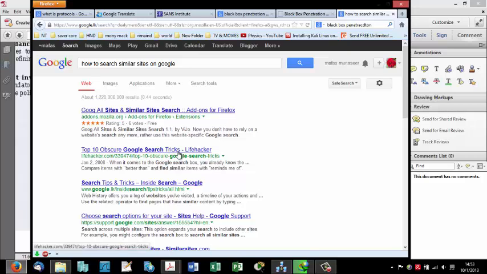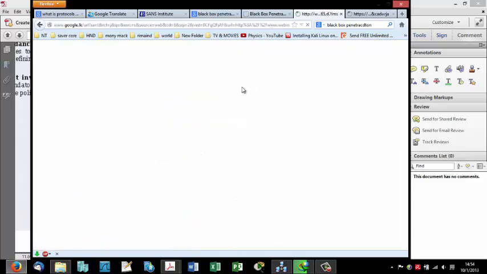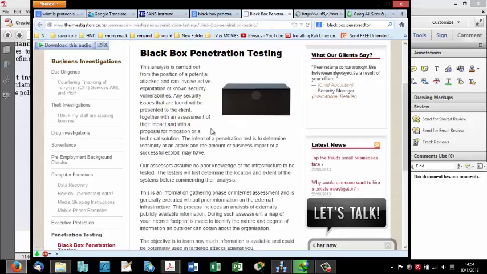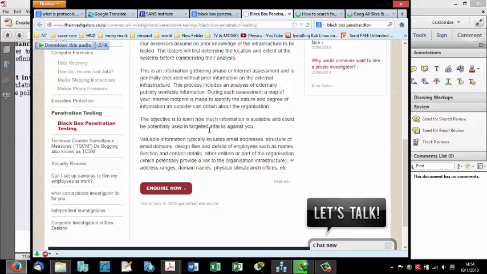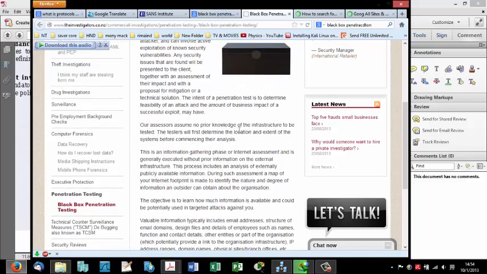And I might only give them the web server's address, which is www.netassist.com.lk, which everybody knows about. It simply says, assessors assume no prior knowledge of the infrastructure to be tested. The tester will first determine the location and extent of the system before commencing the analysis. But it says, our assessors assume no prior knowledge.